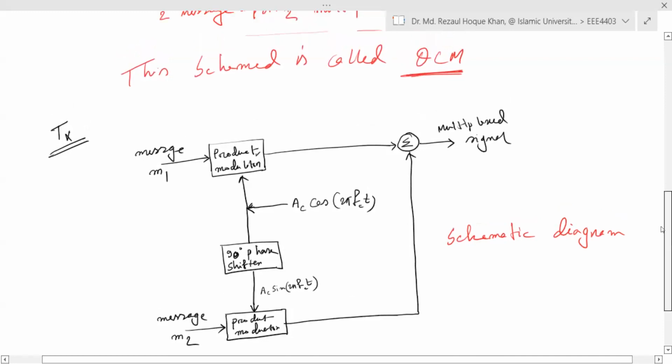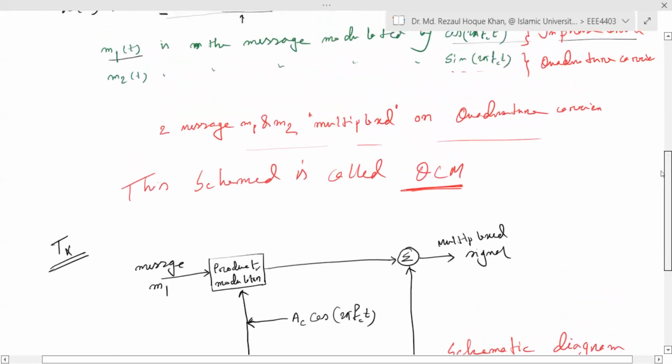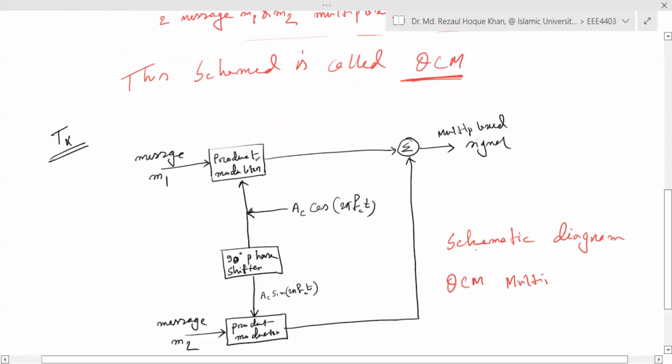This is the schematic diagram of the QCM multiplexer, or the QCM transmitter.